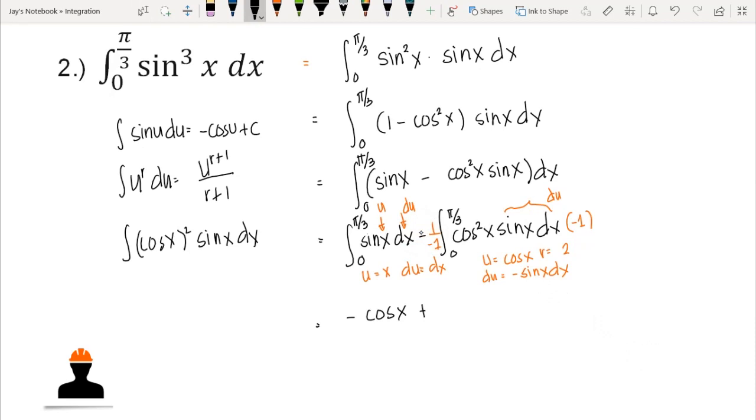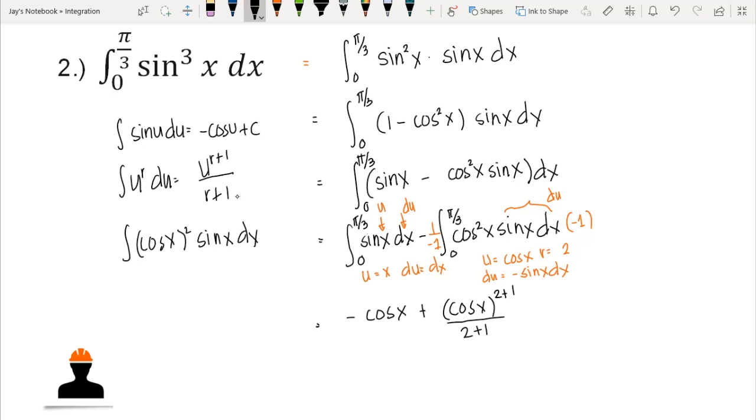So we apply the power rule, u raised to r plus 1 over r plus 1. Our u is cosine x, that gives us cosine x raised to r plus 1, that is 2 plus 1, over 2 plus 1.